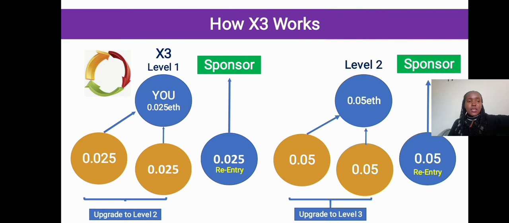So if you refer someone who has activated, for example, 3 slots, you will earn Ethereum from the first slot, the second slot, and now because you don't have the 3 slots, the last slot will go to someone in the system who has activated 3 slots. As you can see, the more slots you activate here, the more you are able to earn from your direct sales. Here it is in X3.